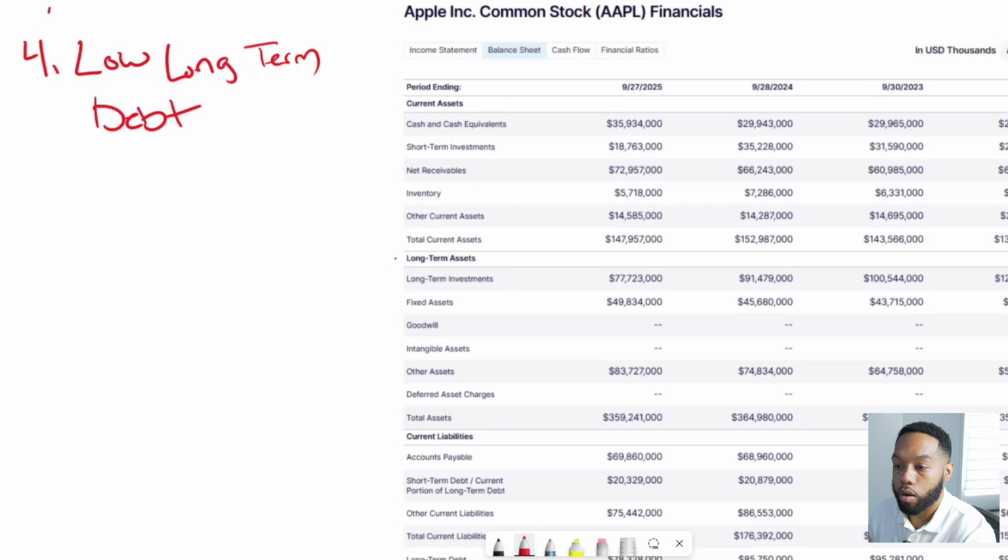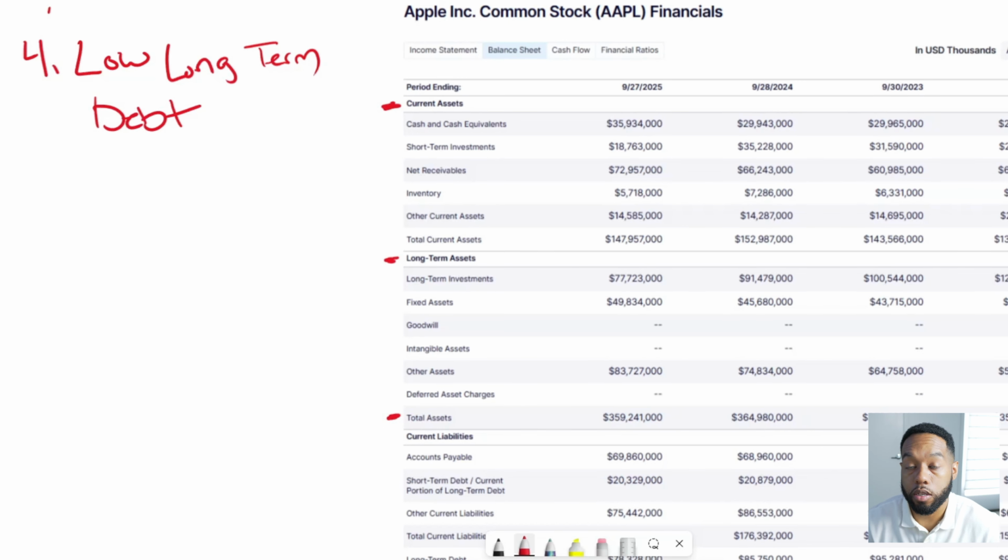So right here, we have our long-term assets line, we have our current assets line, and then we have our total assets. Current assets are going to be short-term assets, things like cash, things easily able to be sold, like the actual iPhones. Those are short-term assets because we can just take those to market and sell them.